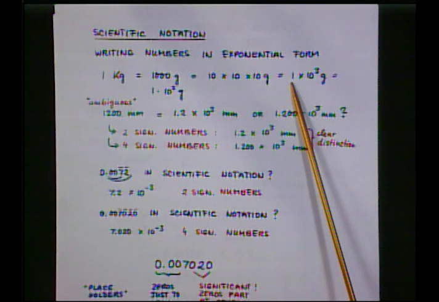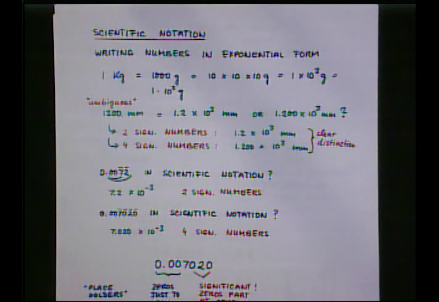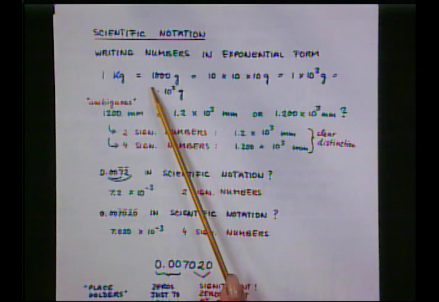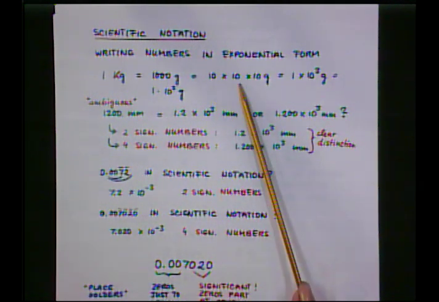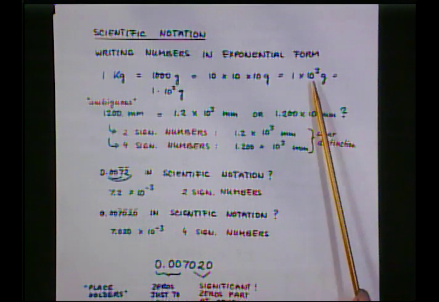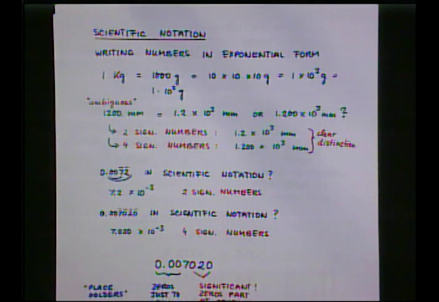We have a numerical coefficient, which should be one number, then a decimal point and whatever significant figures we still have along with it, and then a power of 10. So for instance, 1000 grams, which is 1 kilogram, would be 10 times 10 times 10 grams, or 1 times 10 to the third grams.